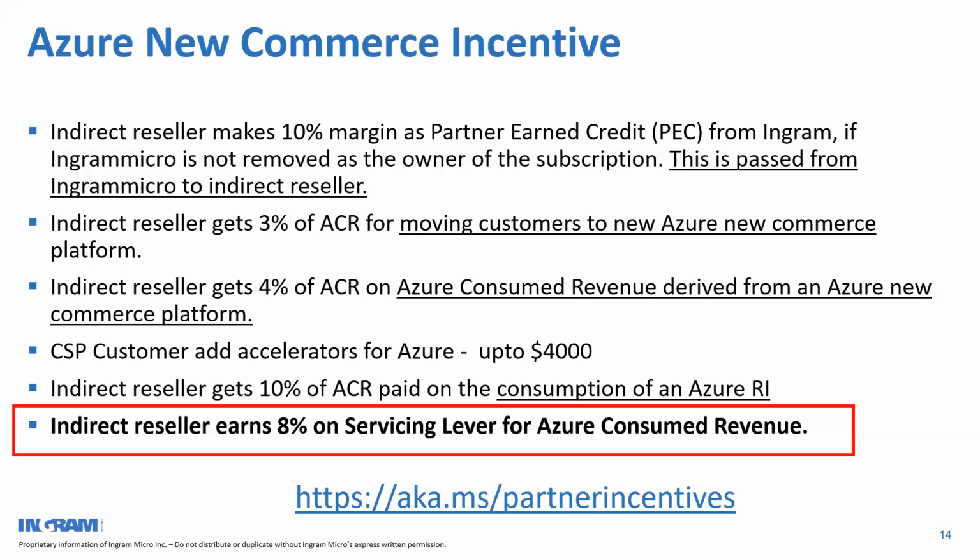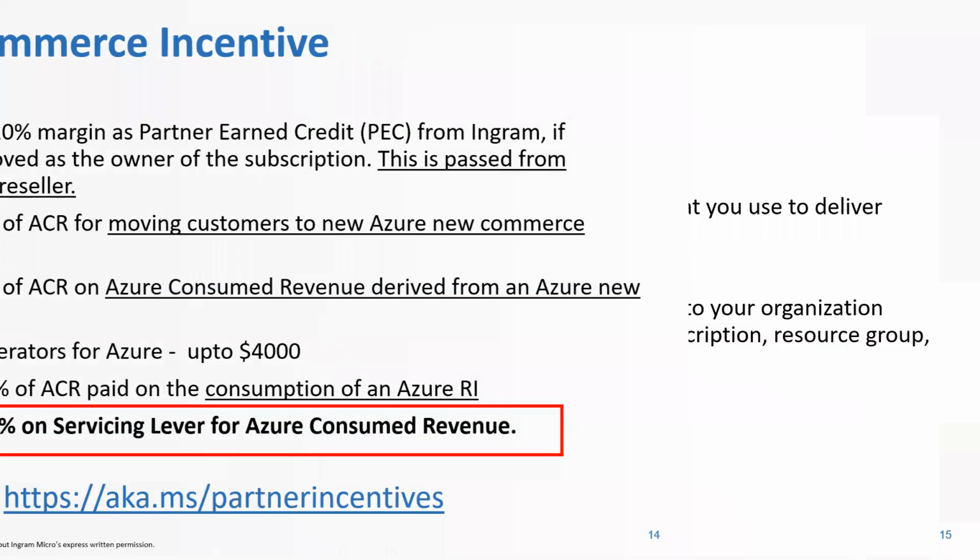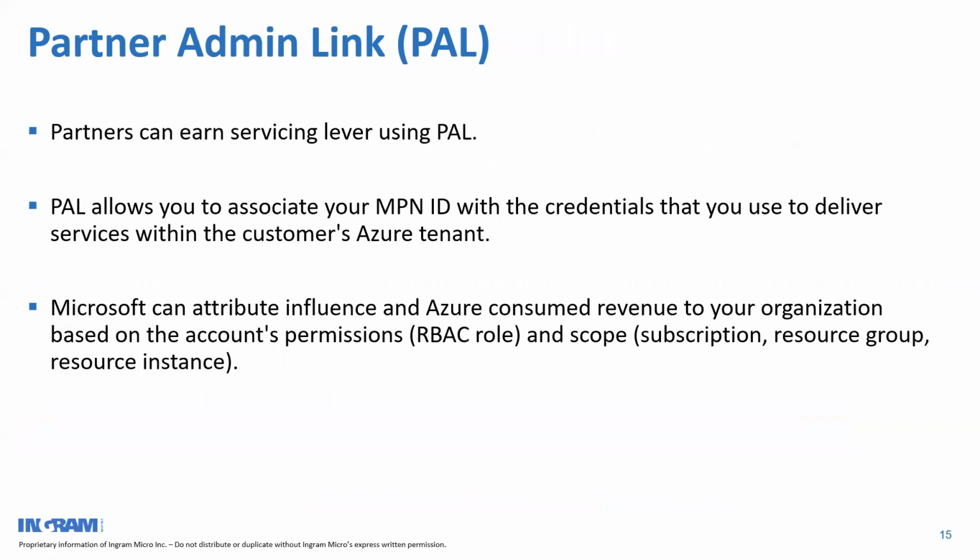But how does Microsoft get to know that you are the company, you are the service provider who's offering this particular service to your customer? That is where the partner admin link comes into place, right? Partner admin link is where you will need to go ahead and associate your MPN ID in the customer's subscription.